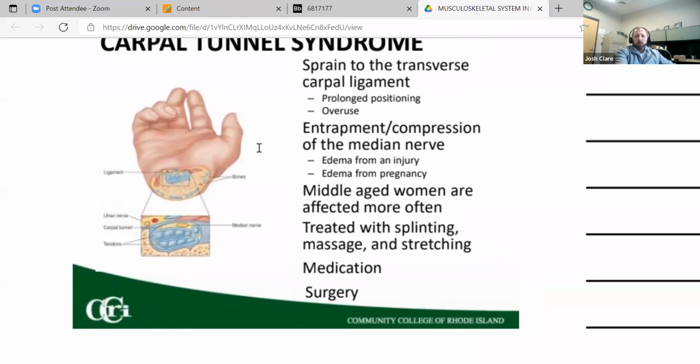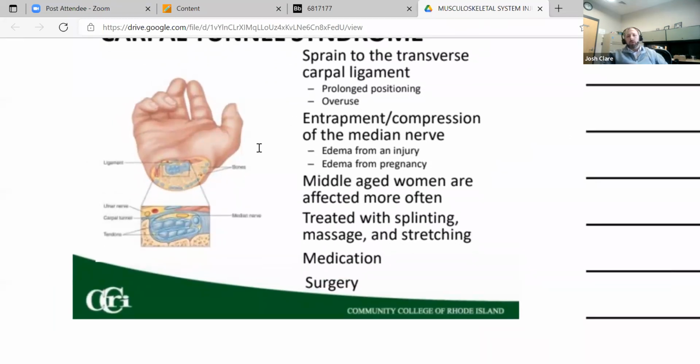So either from the edema or just that compression itself from the poor positioning. Middle-aged women are affected more often than men. And we can treat with either splinting, massage, stretching, ergonomics education, medication to reduce inflammation, and sometimes surgery is needed to relieve that pressure as well.